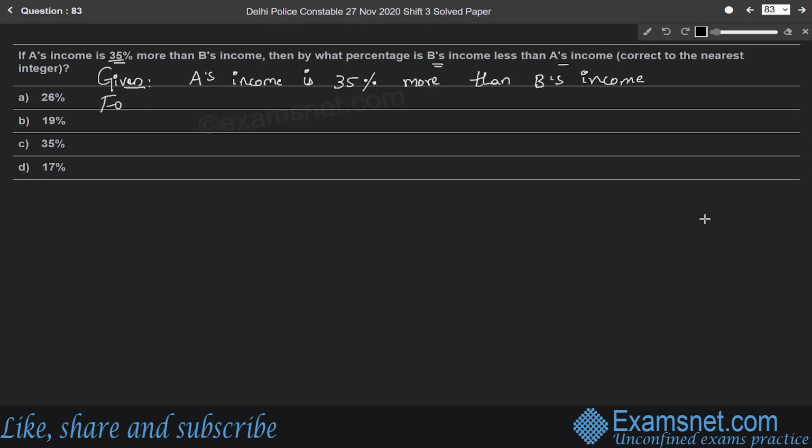So here we are using the formula to find the percentage. Percentage income with respect to A's income. Therefore, it is A minus B divided by A into 100, where A is A's income and B is income of B, right?